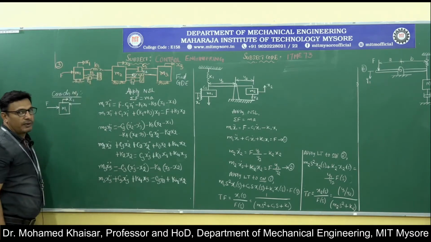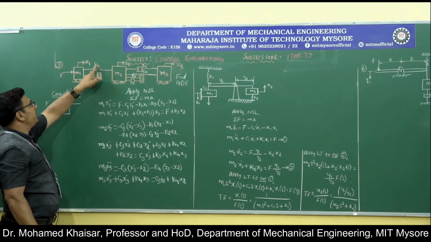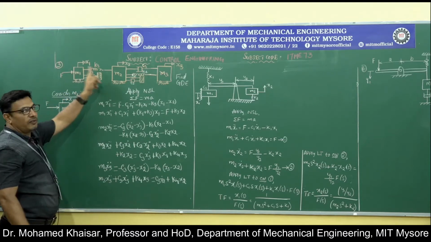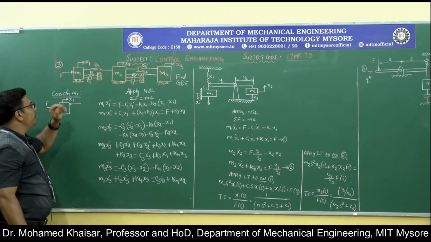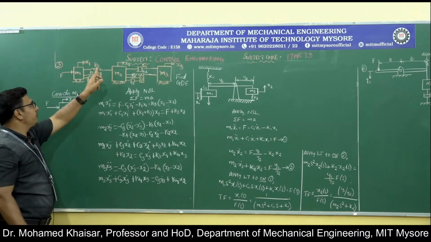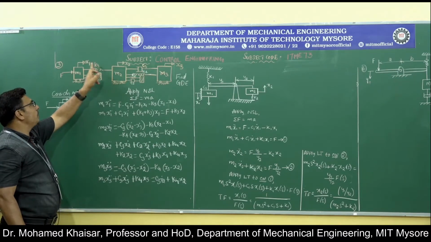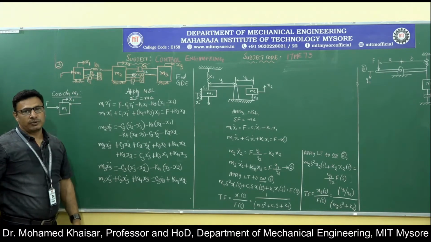What is the resisting force offered by this spring K3? It will not be K3 into x1. Instead, since the spring is connected to both m1 as well as m2, the effective resisting force offered by this spring with stiffness K3 will be equal to K3 into (x1 minus x2). Why?